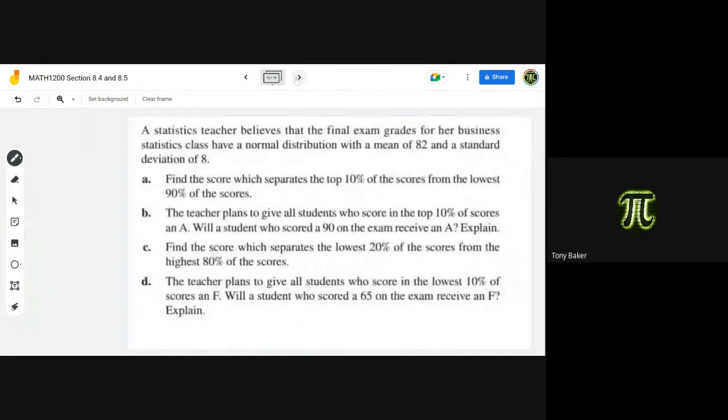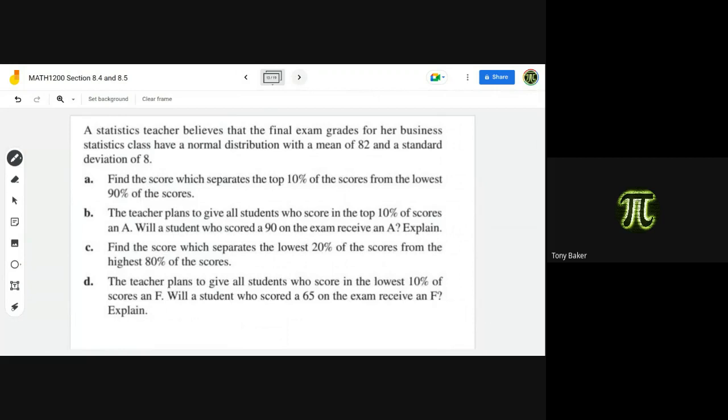So the z-score was 1.28, same as the one we just did. So you're going to multiply that by the standard deviation, which is 8, and then add 82. And what'd you get for the score? 92.24.